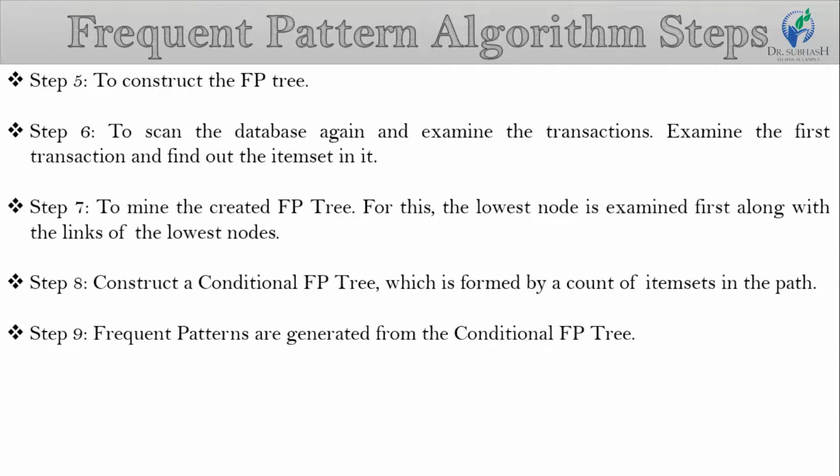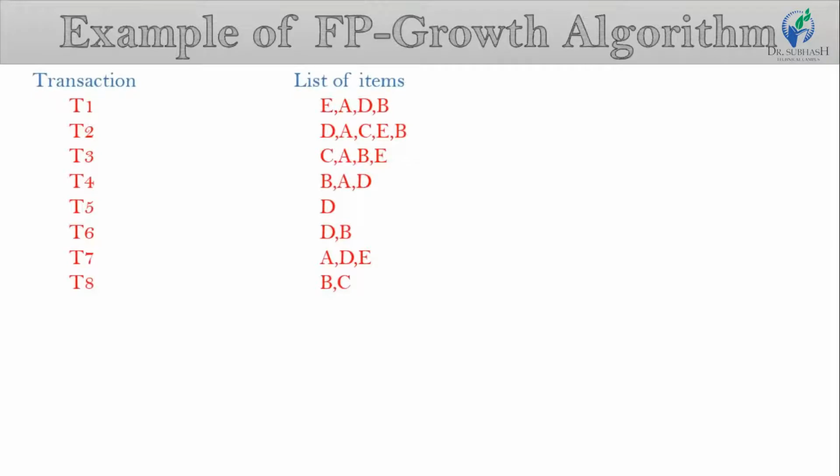Now I explain this FP tree algorithm with a numeric example of the FP growth algorithm. See in the table, we have 8 transactions. In transaction T1, we have E, A, D, B items. In transaction T2, we have D, A, C, E, B items. In transaction T3, we have C, A, B, E items.